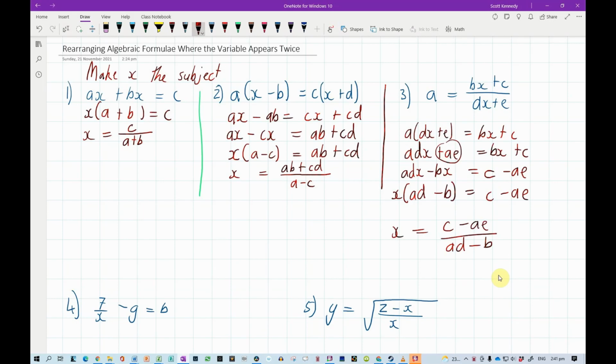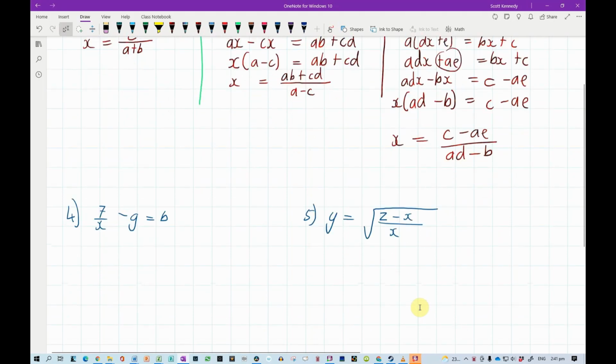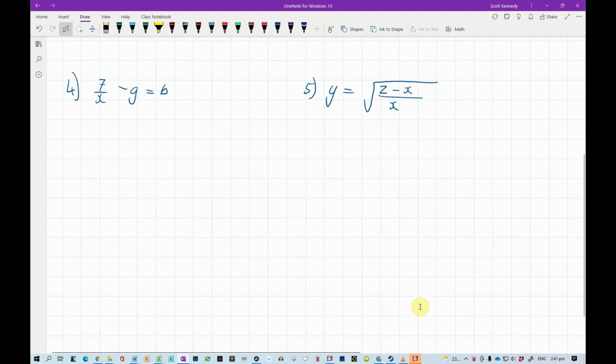So you can see the technique we're using here is that the second to last step, the penultimate step, is to factorize and then divide, so you're left with the subject that you want. Sometimes they're a bit more complex, like 2 and 3, where we first had to expand, then gather the x's across to one side, then factorize, and then divide the bracket across. So similar, just a few extra layers of complexity.